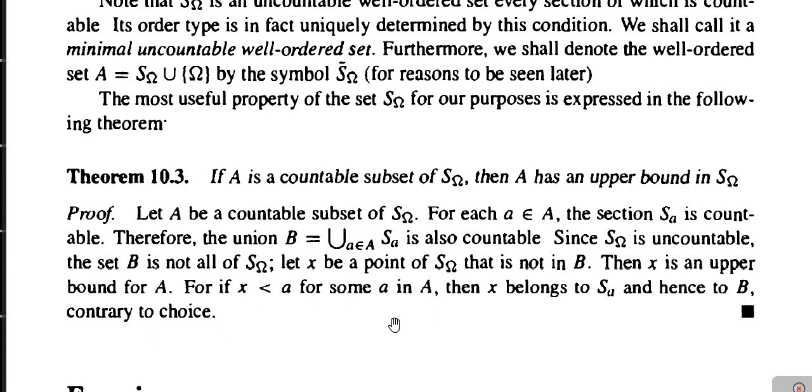Therefore this shows that if A is a countable subset of S omega, then A has an upper bound in S omega. Here the upper bound we have considered is x. So x is the upper bound of the set A which is in the set S omega. So like such we have proved theorem 10.3 also.